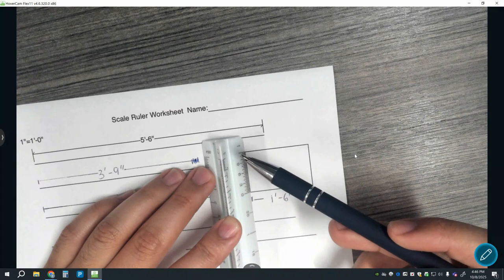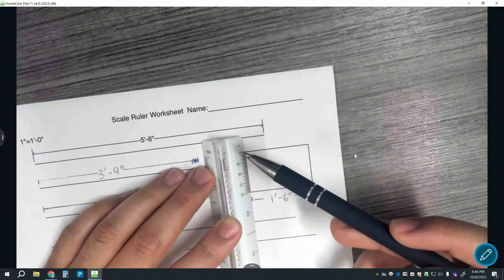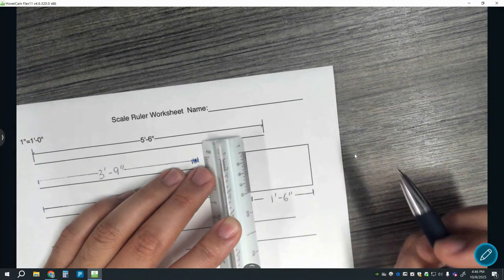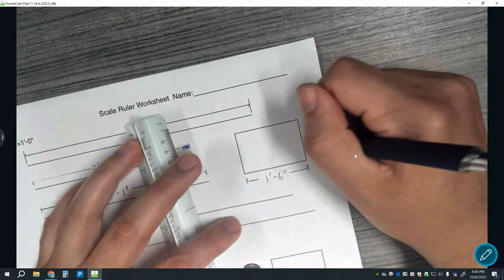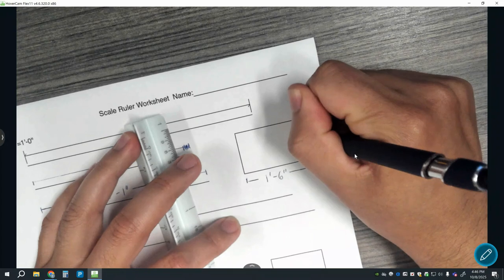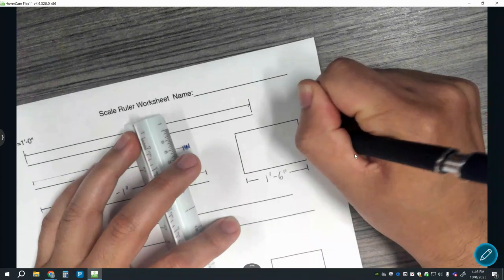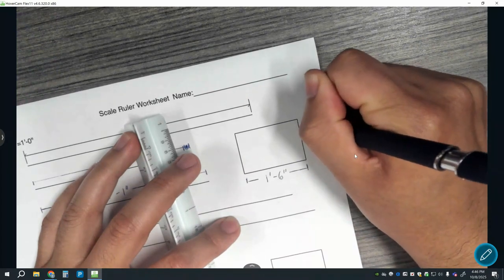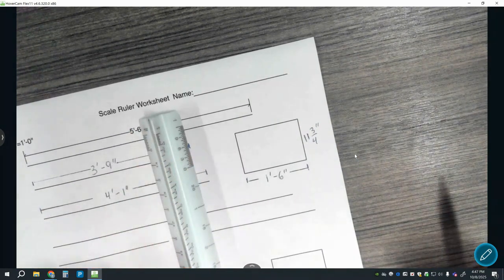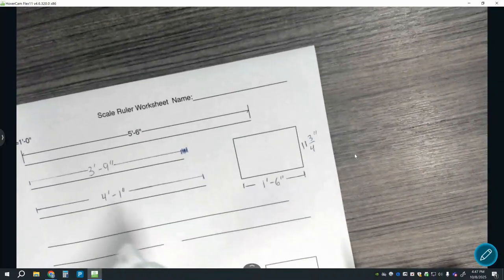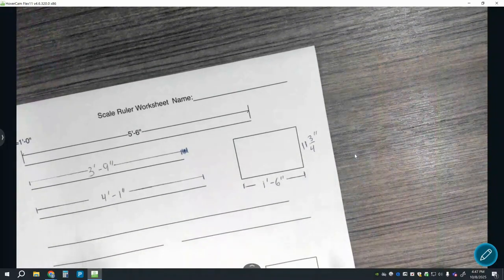That's 11 and a half. It's 11 and 3/4 right there. So it just misses 12 inches. Again, if you told me that this was 1 foot, I would give you credit for it. But if you want to be more precise, we can do 11 and 3/4 of an inch. So we'll go ahead and write that like that.